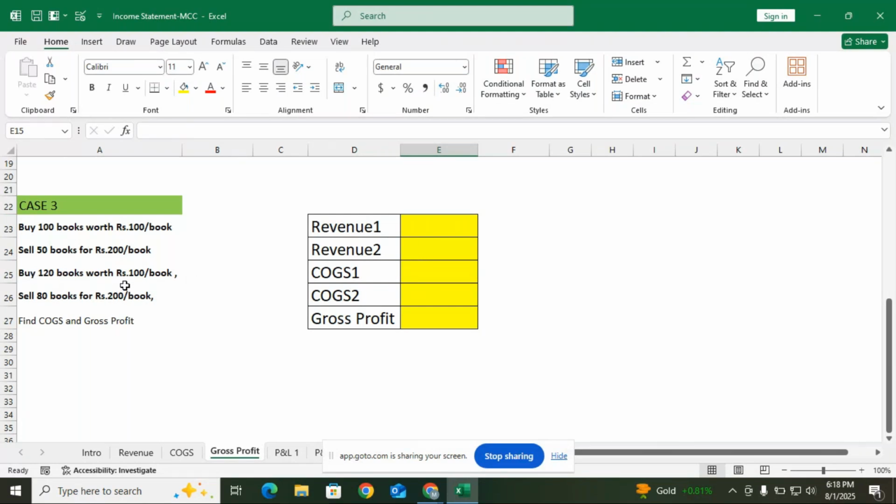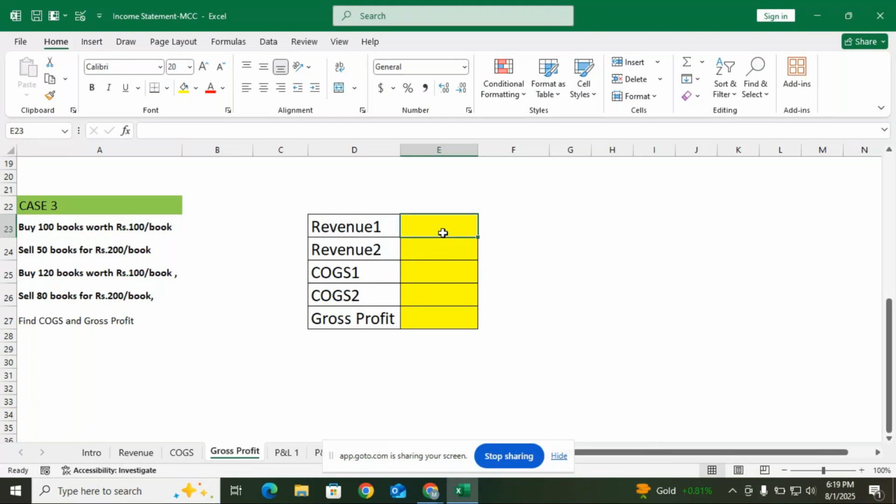Bought 120 books at 100 per book. Out of 120 books bought, 80 books were sold at a price of 200 per book. So this is revenue 2.